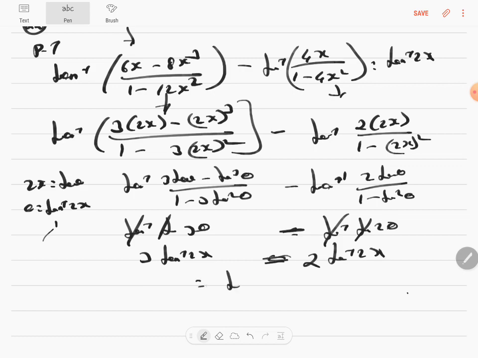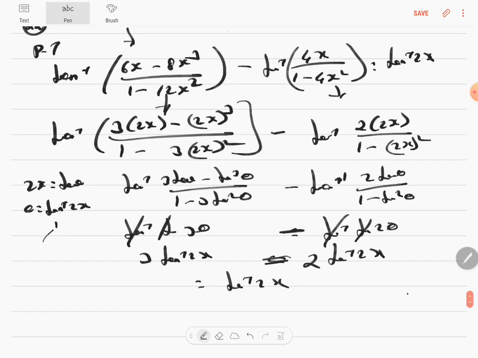So then subtracting, we get tan⁻¹(2x). Identifying this is again substitution, but it's a little tricky substitution, that's all.